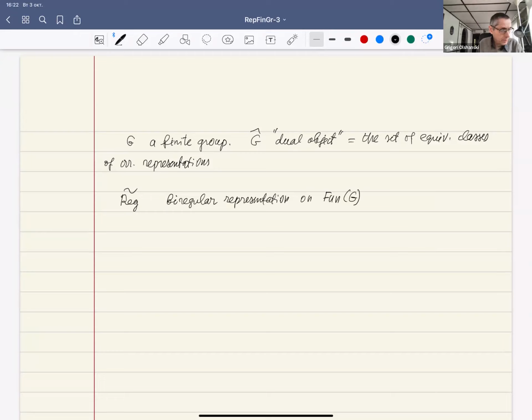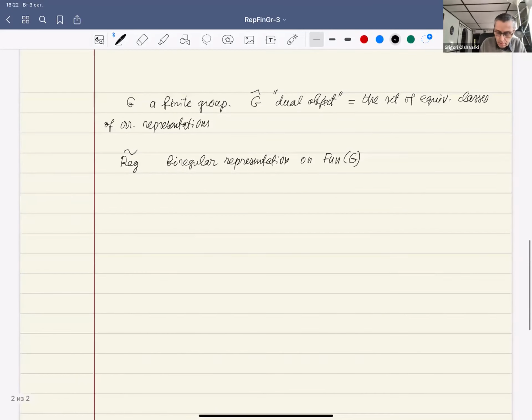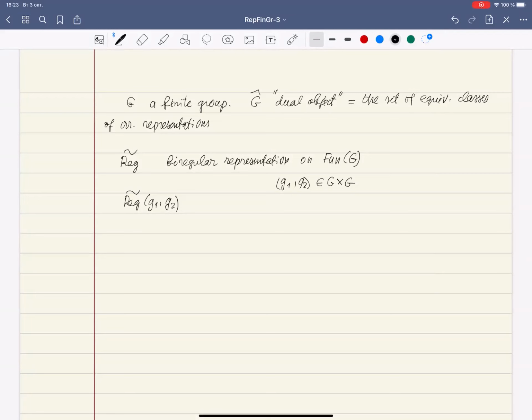And I recall its definition. So if you take a couple of elements, so G1, G2, this is a couple of elements, which is an element of a double G. Some questions?